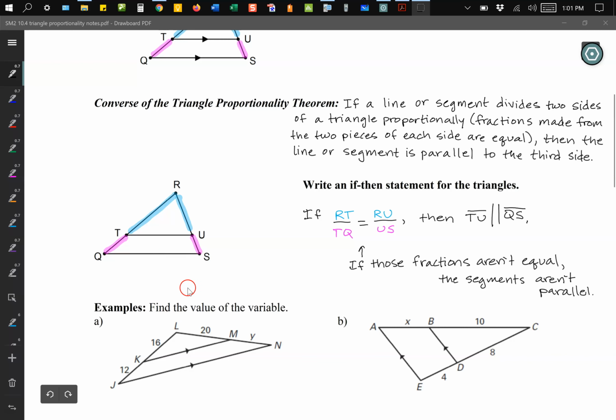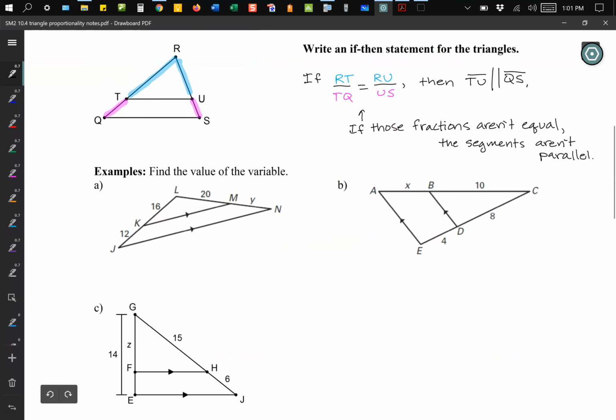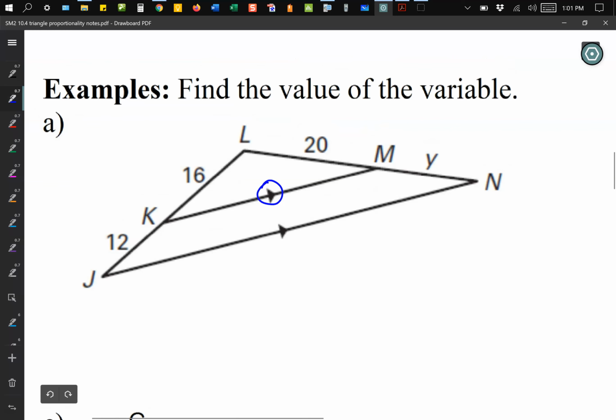Let's go ahead and do some examples. So the first ones, you are going to see the little arrows on here, which is telling you that those are parallel segments. So what you will do is you will go ahead and make fractions out of the two pieces of each side. So big piece over little piece equals big piece over little piece.